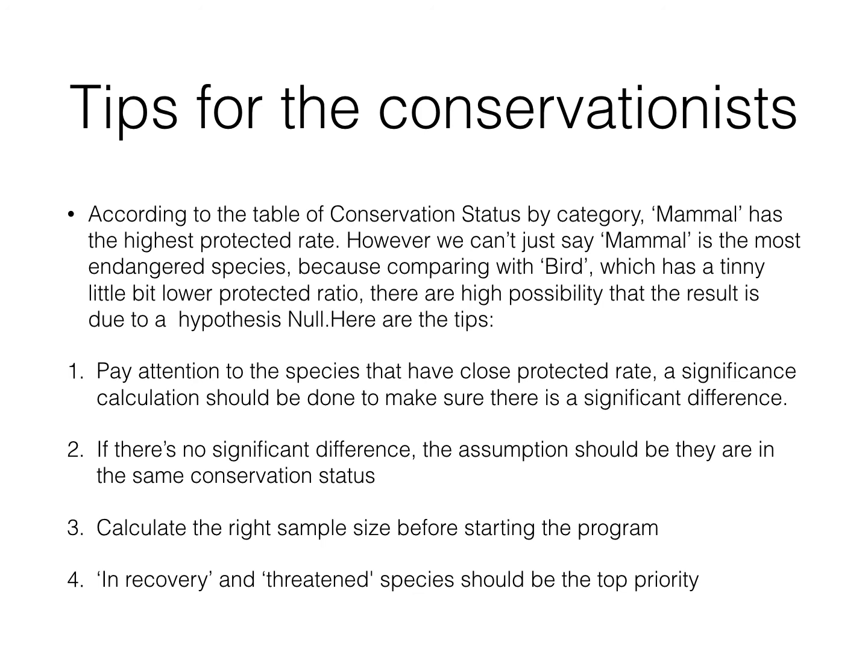Calculate the right sample size before starting the program. In recovery and threatened species should be the top priority for the conservationist because they are small in group and very endangered.